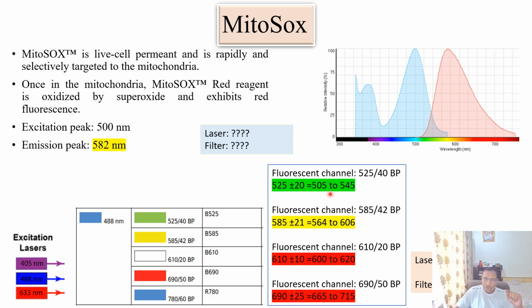But again, the emitted light will be a weak signal, not a strong light. So we will select these two filters for maximum intensity. So from this slide, we can know how to select the appropriate excitation laser and filter to detect the biomarker present in your sperm cells.